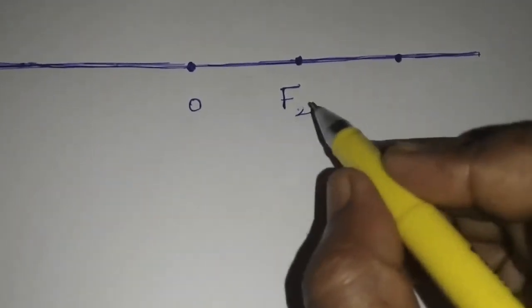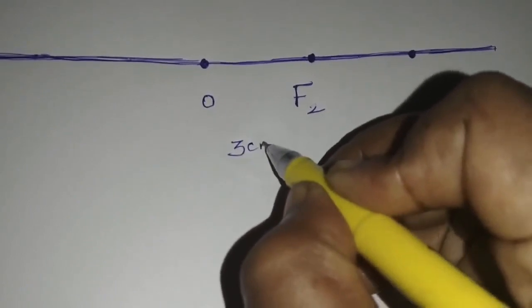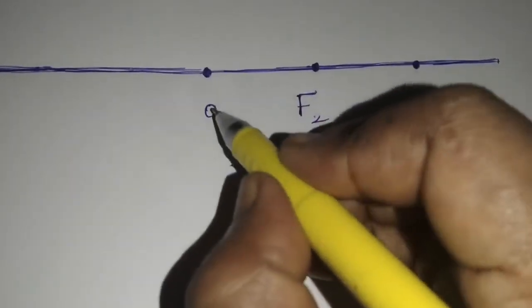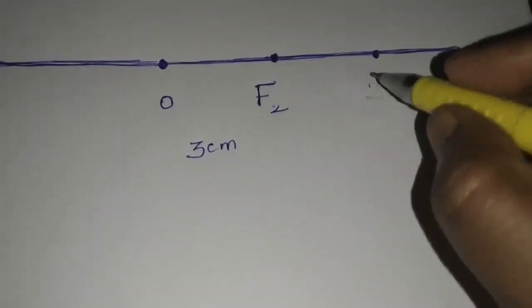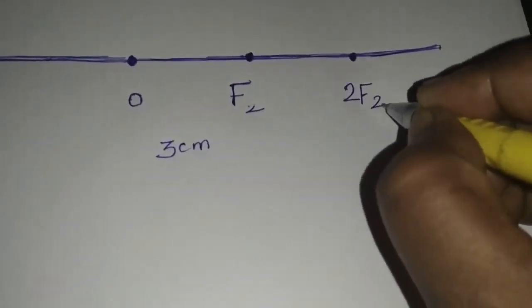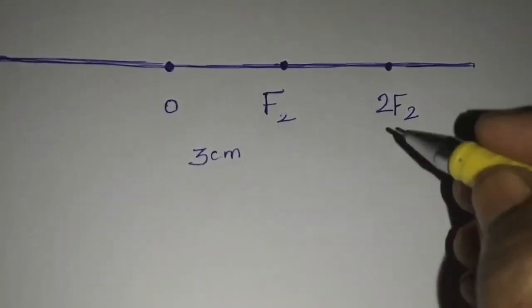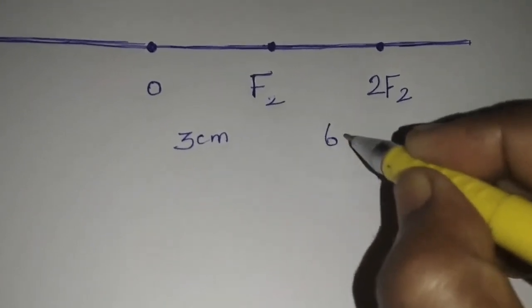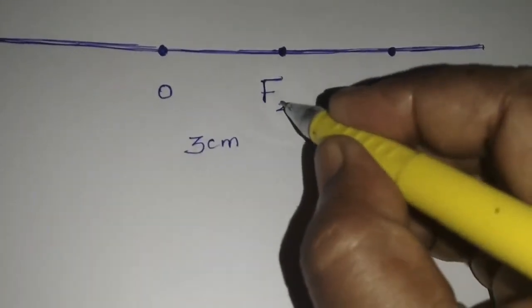Take the F2 as 3 centimeter from O, and 2F2. 2F2 is double the distance, which means 6 centimeter from O.